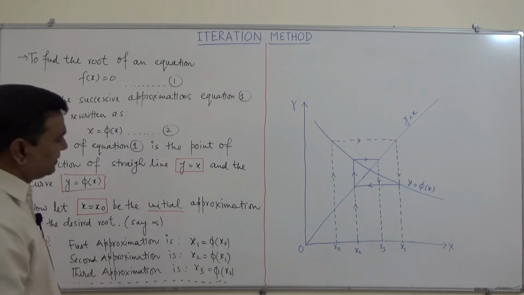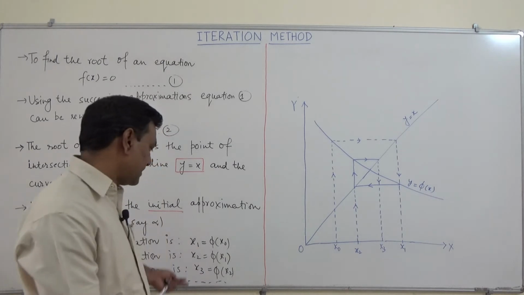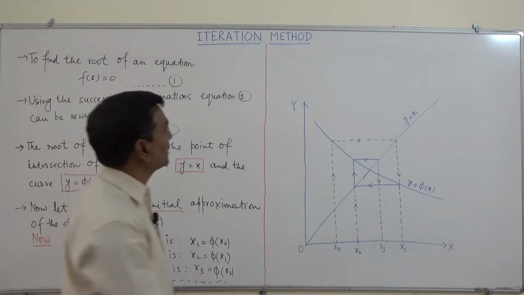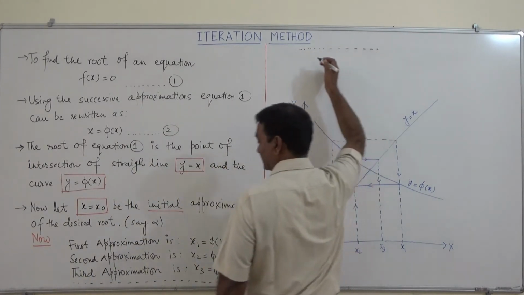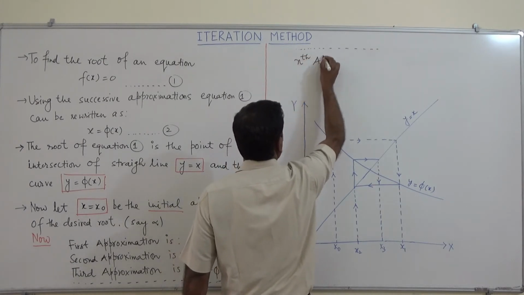In this way we can find the subsequent approximations like x2, x3, x4 and so on, up to the nth approximation.